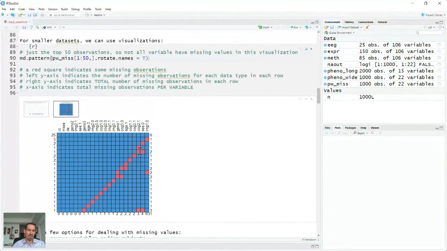So for example, here you had COG 2 at visit 1 and SES, socioeconomic status, at visit 0 both missing for this individual. So there were 2 missing data points for that person across 2 different data types.